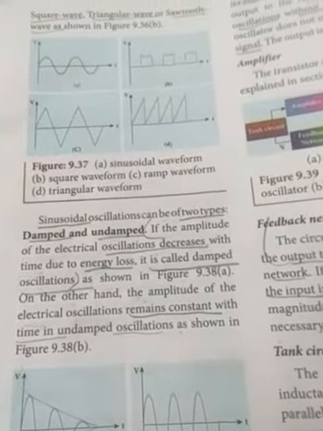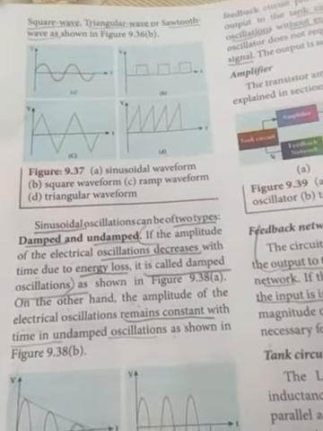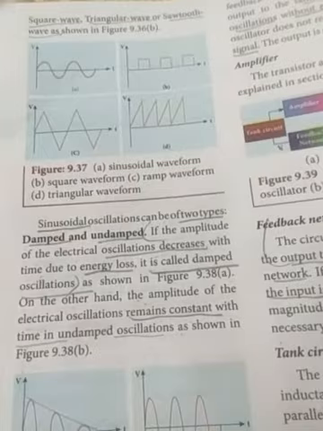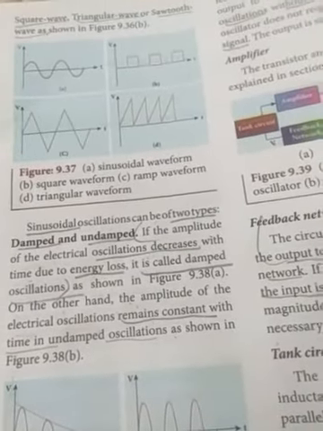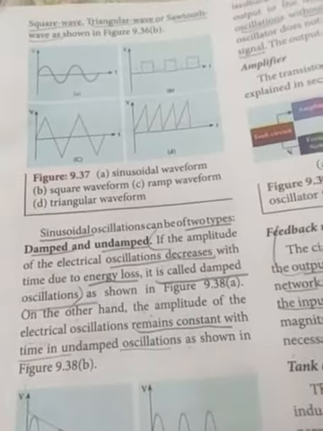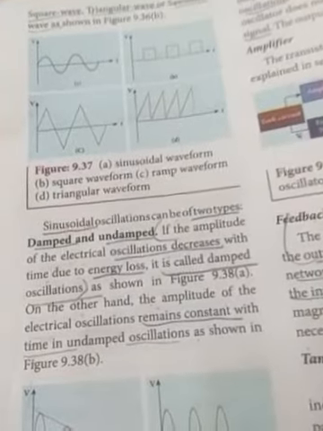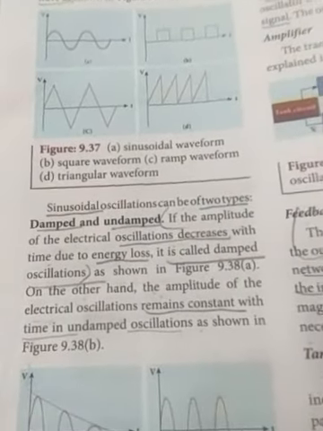An undamped oscillator means the amplitude of the electrical oscillation remains constant. It remains constant, with the energy loss balanced.